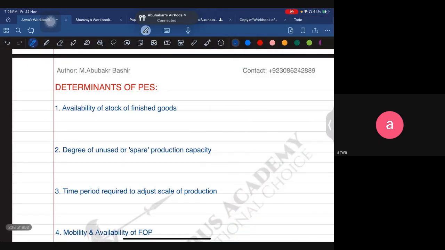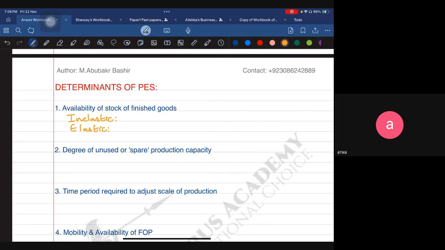Here we're coming back. So, availability of stock of finished goods. The way of doing this is that I'm going to write it here, inelastic and elastic. If it's elastic, it means they have stock and can increase supply.